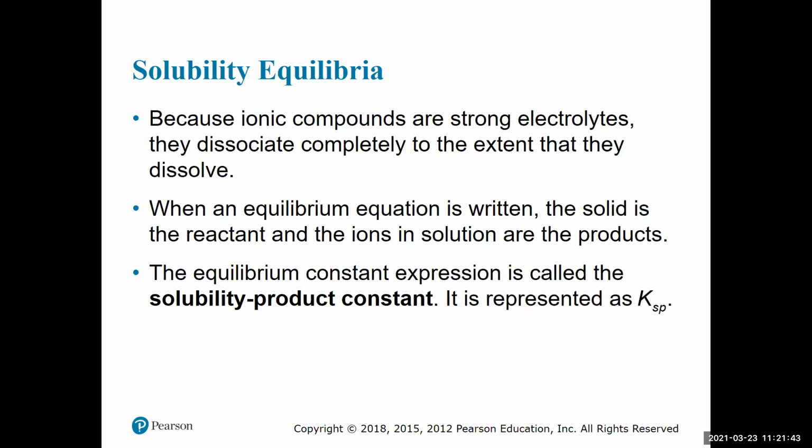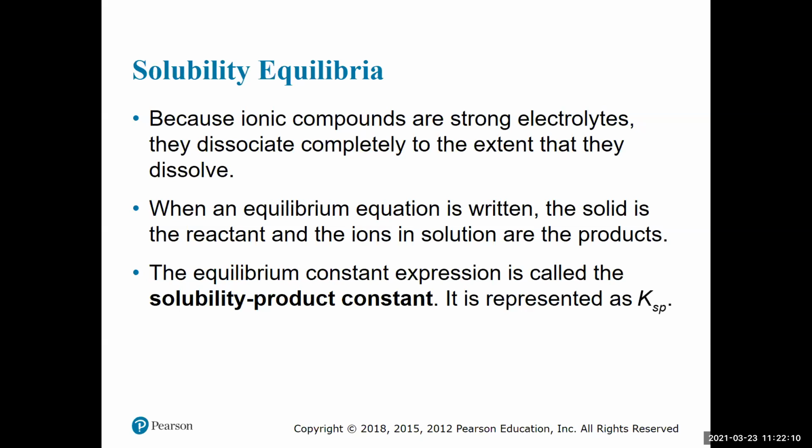We give it a new term though, we call it the solubility product constant, KSP. But even though it has a different name, it's still the same idea on these equilibrium expressions, okay? KSP, the solubility constant, is just what is used for that dissociation of the solids into solution.